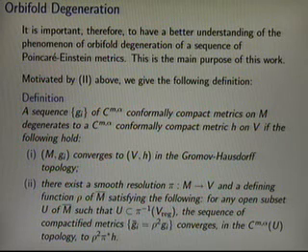For an open subset U of M bar with U contained in the pre-image of the regular set, the sequence of compactified metrics g bar equals rho squared g_i converges in C^{m,alpha}(U) to this metric here.